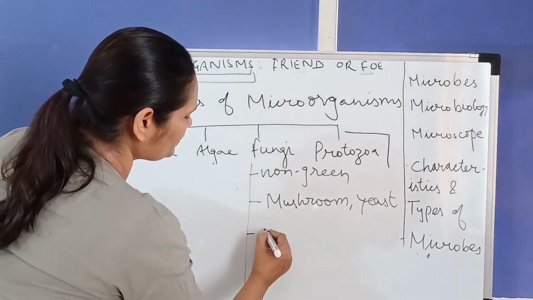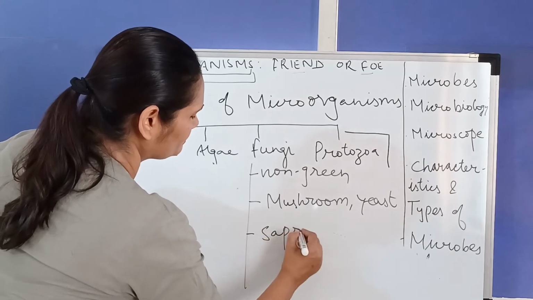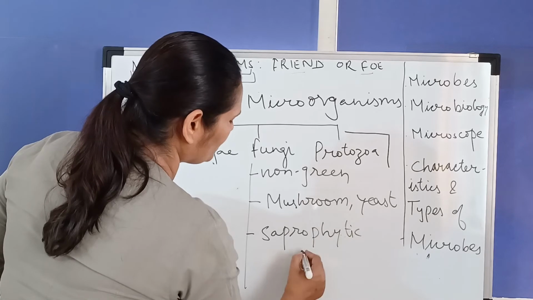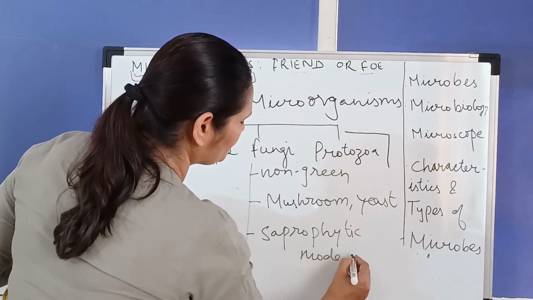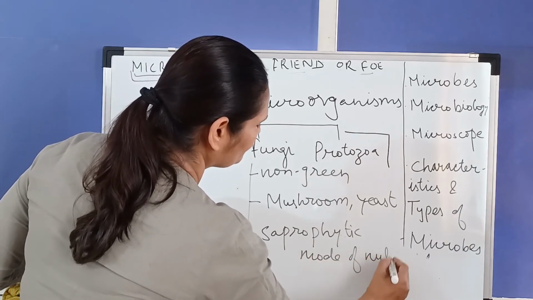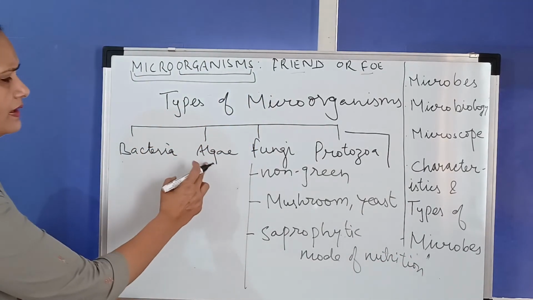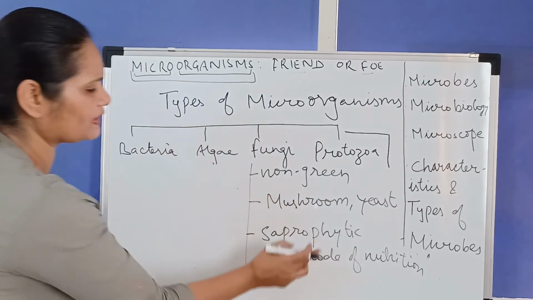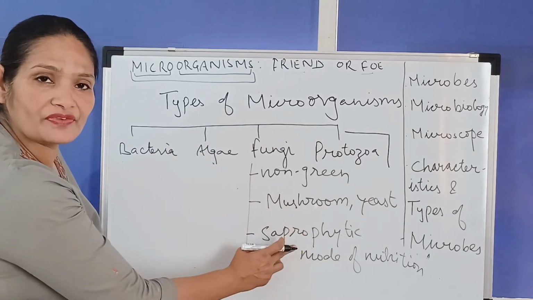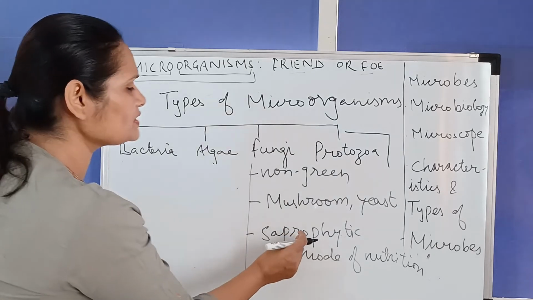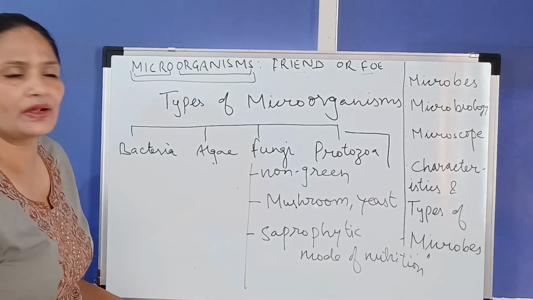And their mode of nutrition is saprophytic. Algae can produce their own food, but fungi are heterotrophic in nature and they have a saprophytic mode of nutrition. They survive on dead or decaying organic matter.